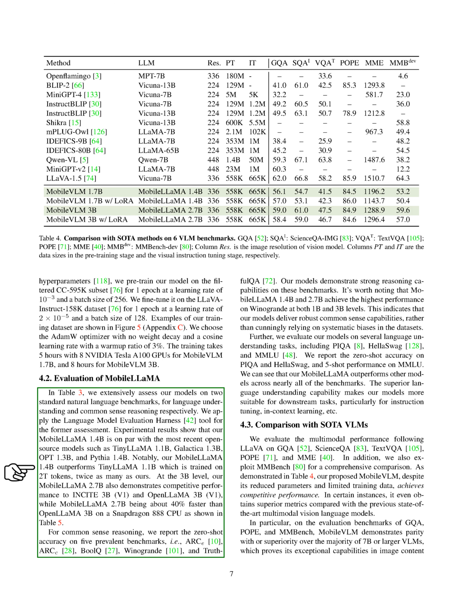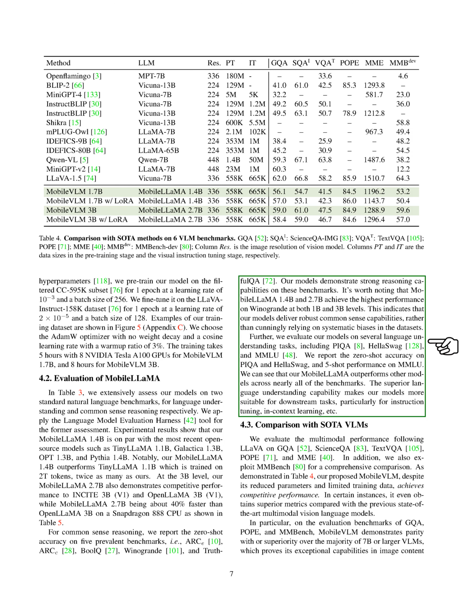For common sense reasoning, we report the zero-shot accuracy on 5 popular benchmarks. Our models show strong reasoning capabilities on these benchmarks, with MobileLLaMA 1.4B and 2.7B achieving the highest performance on the Winogrande benchmark at both 1 billion and 3 billion levels.